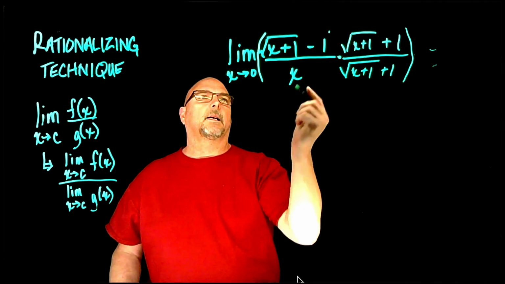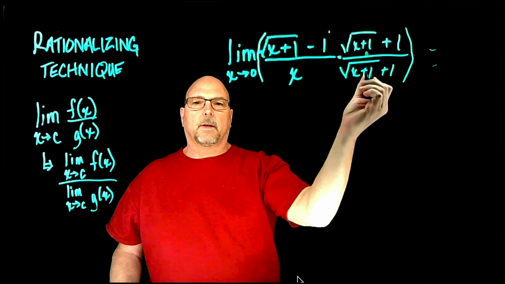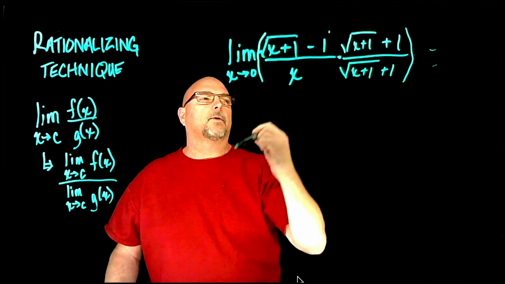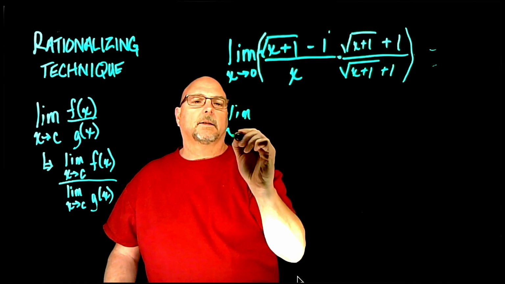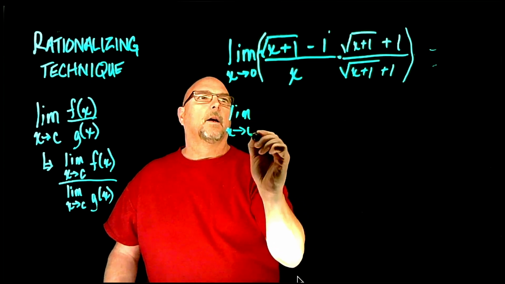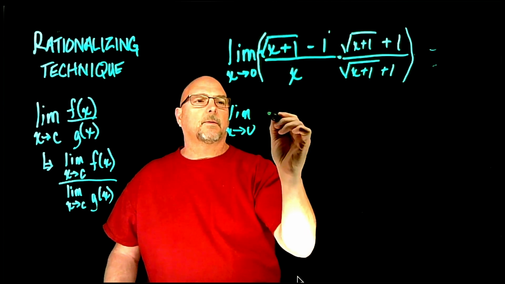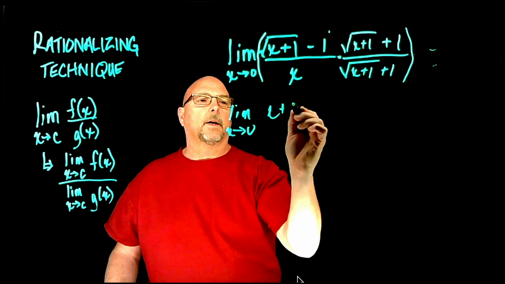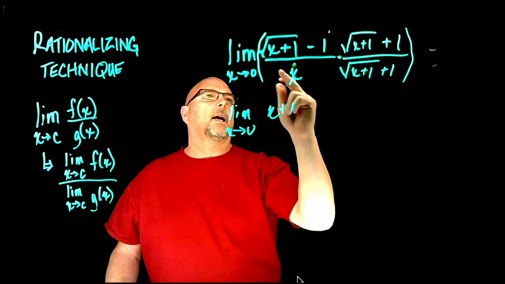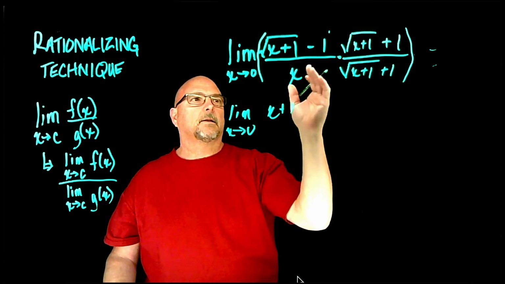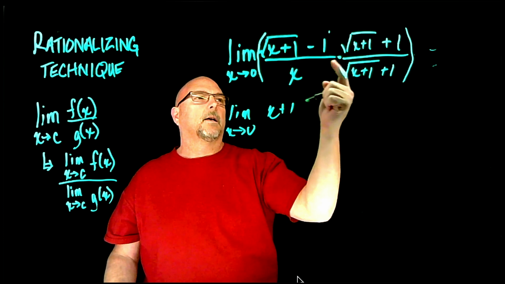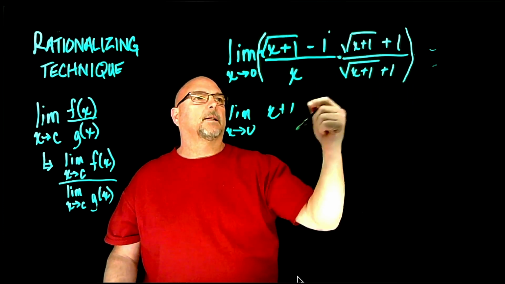So let's see. This is a binomial times a binomial, so naturally FOIL that out. So you're still going to have the limit as x is approaching 0. But it's going to be first times first, which is just x plus 1. And the inners and the outers, they cancel off. That's the whole reason why we use this method, the rationalizing technique.